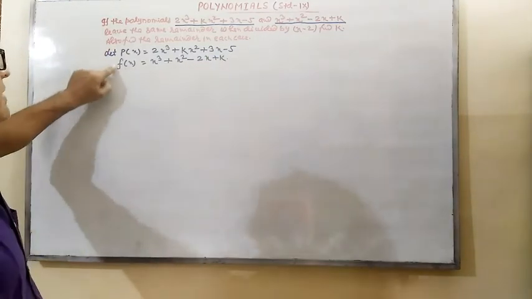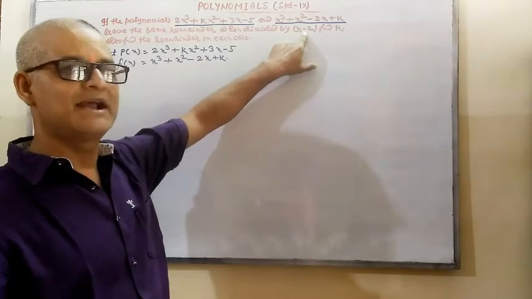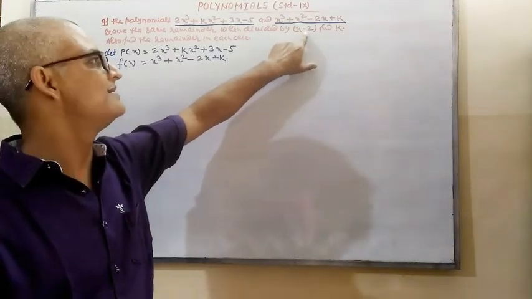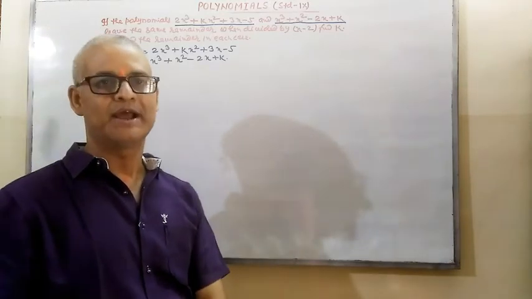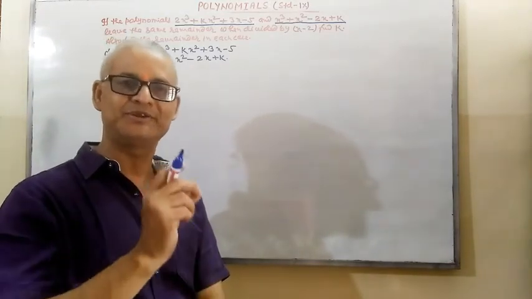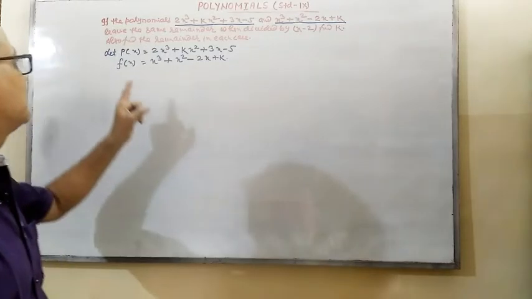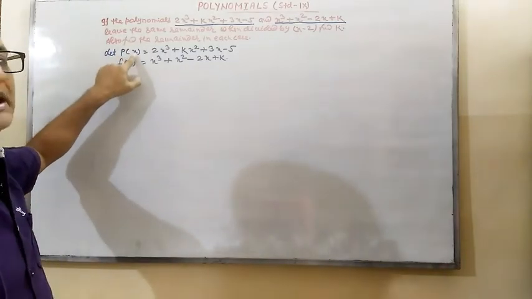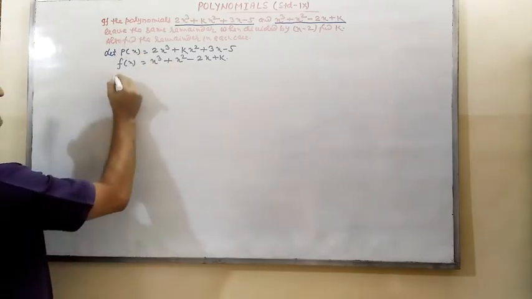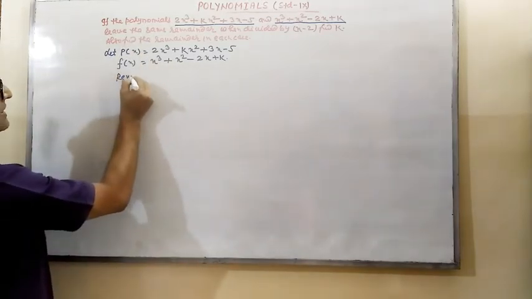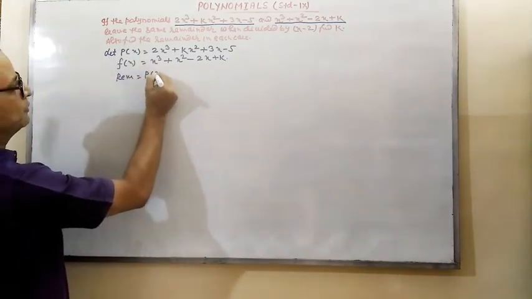For both polynomials, the divisor is x minus 2. So equate x minus 2 is equal to 0. So x is equal to 2. X is equal to 2 means the value is 2. It means the remainder is p(2), and in this case, f(2). So one by one, first we will find the remainder. Remainder is equal to p(2).